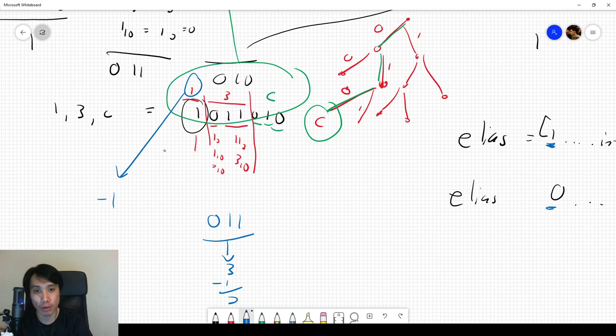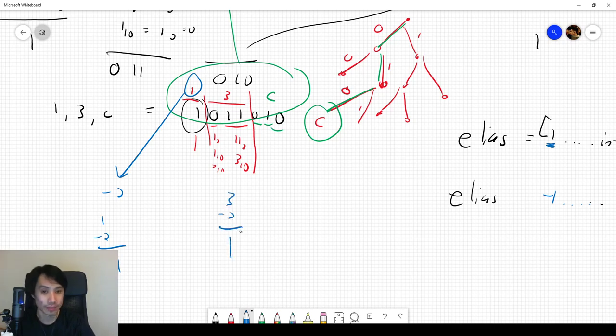So what you see here will be 0, 2, C. Now what happens if I were to write a negative number? Let's say from -1 all the way to infinity. The difference between 1 and -1 is 2, so I will now minus 2. So 1 minus 2 is -1, and here 3 minus 2 will be 1. So my entire encoding here will be -1, 1, C.